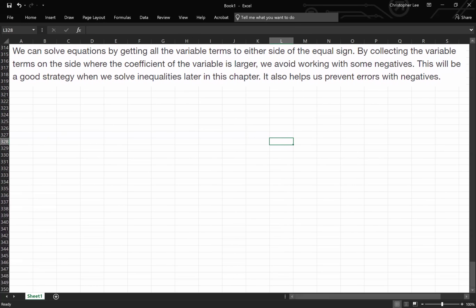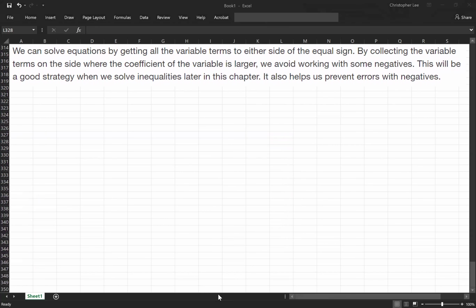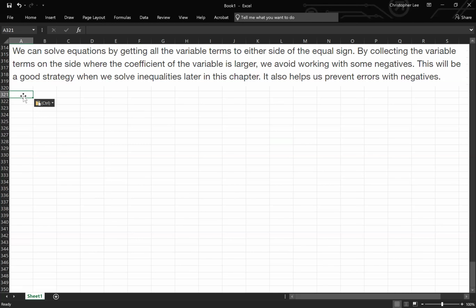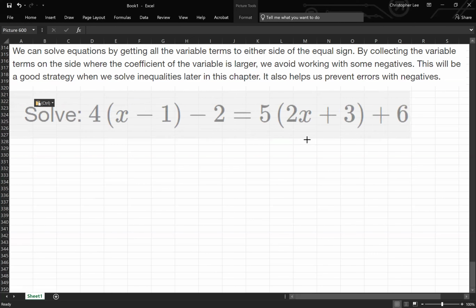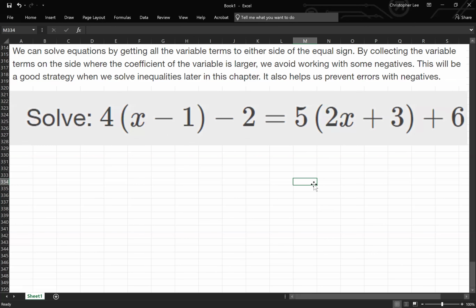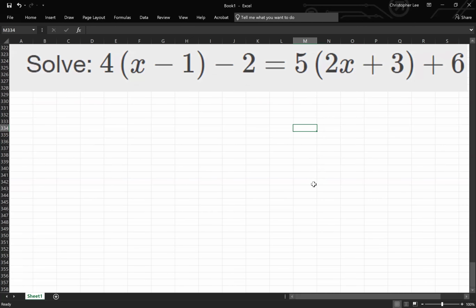So basically what this is saying, and let me be clear, this is totally optional, right? But what it's trying to say as a strategy is if you have two variables, let's say one of them was 5x and one of them was 2x, but they're on different sides of the equal sign.